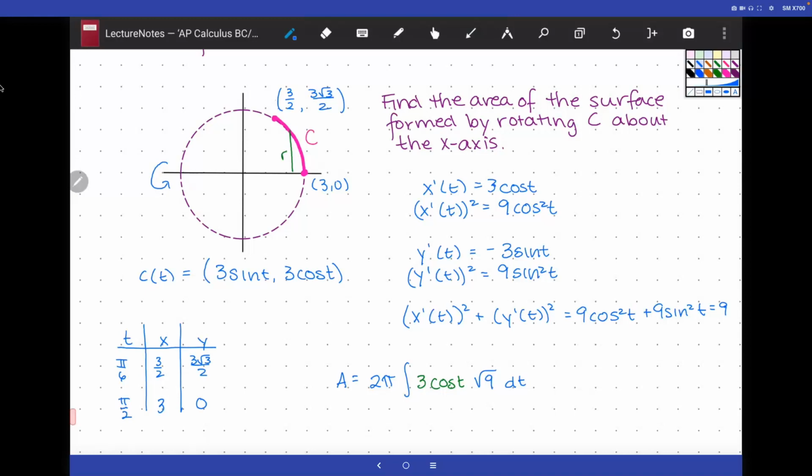Now, one thing I will say, and we're going to see a lot more of this when we do polar, which will be in the next unit. It doesn't really show up yet. It could show up, but it's not going to show up really on this problem. But you do have to be careful with your limits.